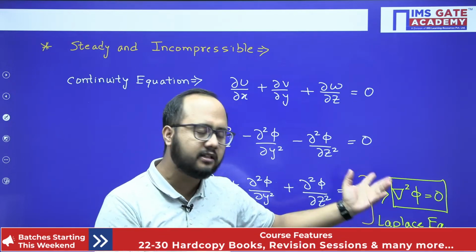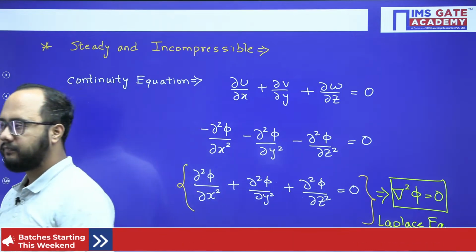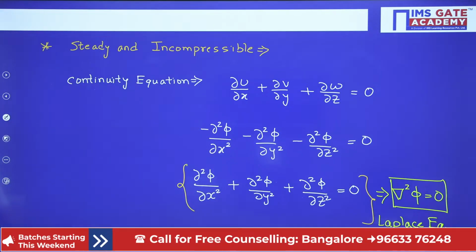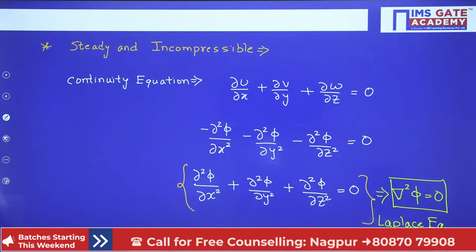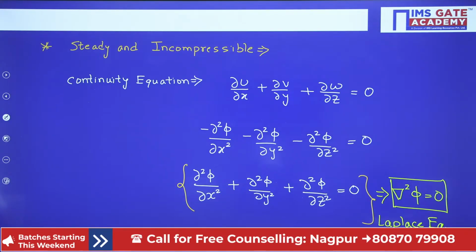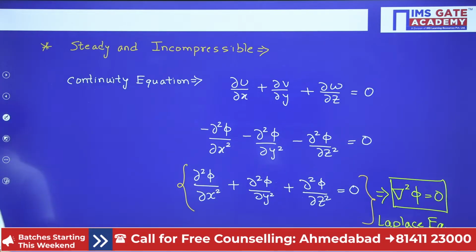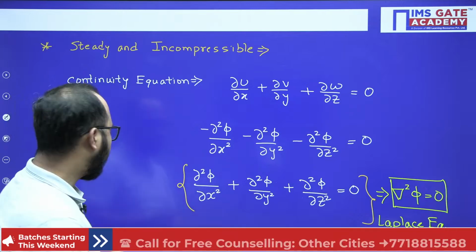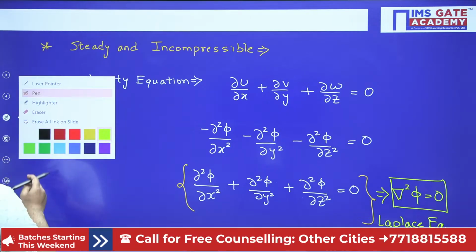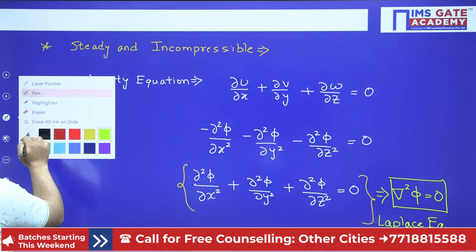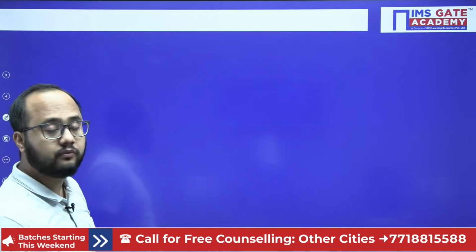So directly check the Laplace equation and you will get the answer. Tell me everyone, is this point clear, yes or no? Right. Now, very important point. The possibility of the fluid flow is clear, because we just need to satisfy the Laplace equation.